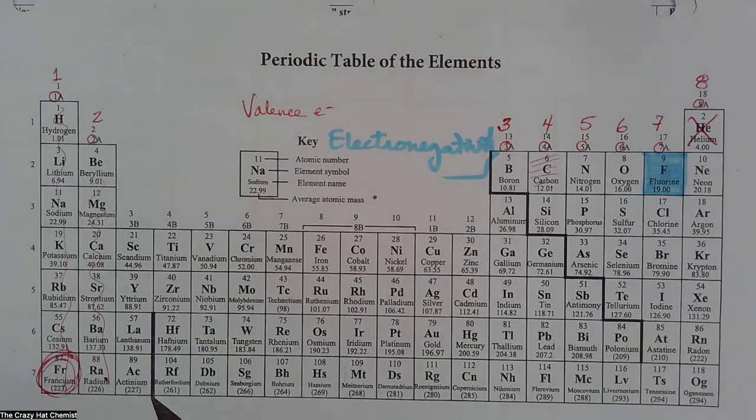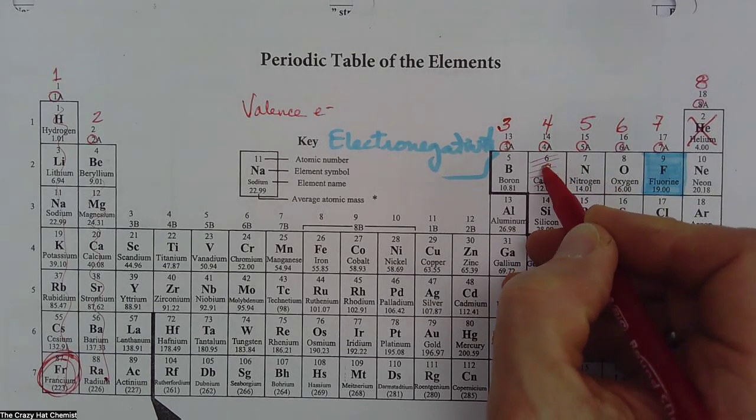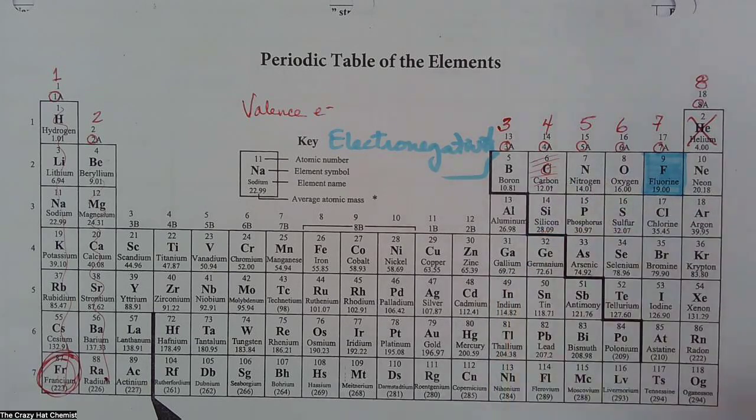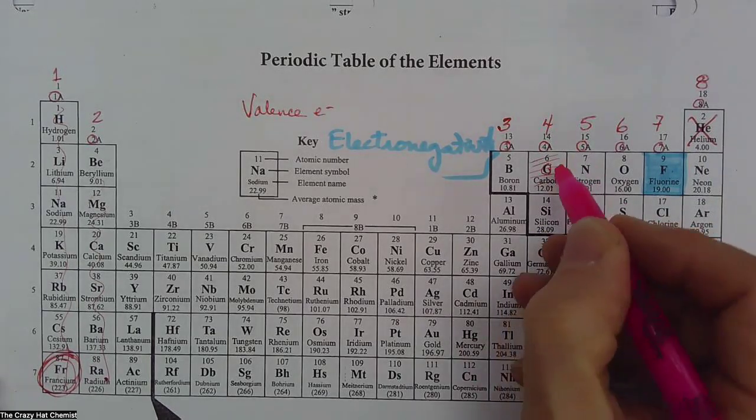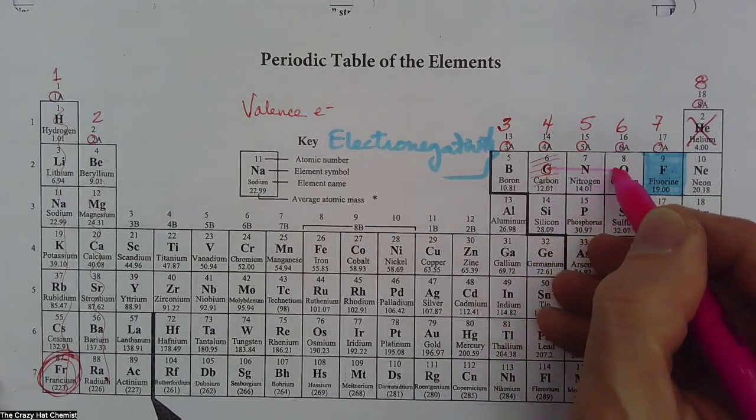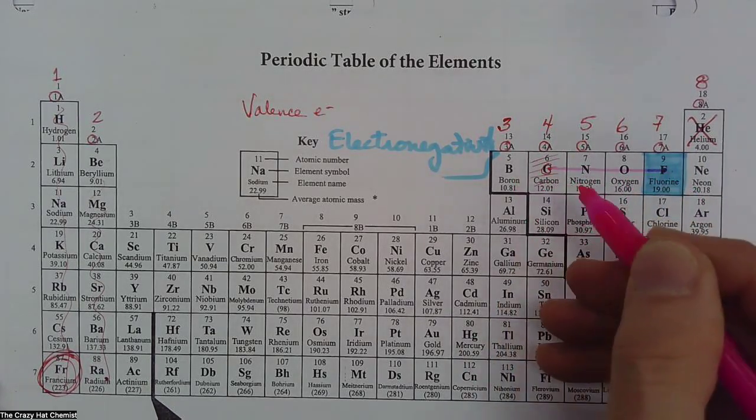Now we're going to take the elements that we have at hand, and that is carbon and hydrogen. The real simple method here is to take that carbon and draw a string between the carbon and the fluorine. Okay? And so here is my string between the carbon and the fluorine. We're going to measure that distance.